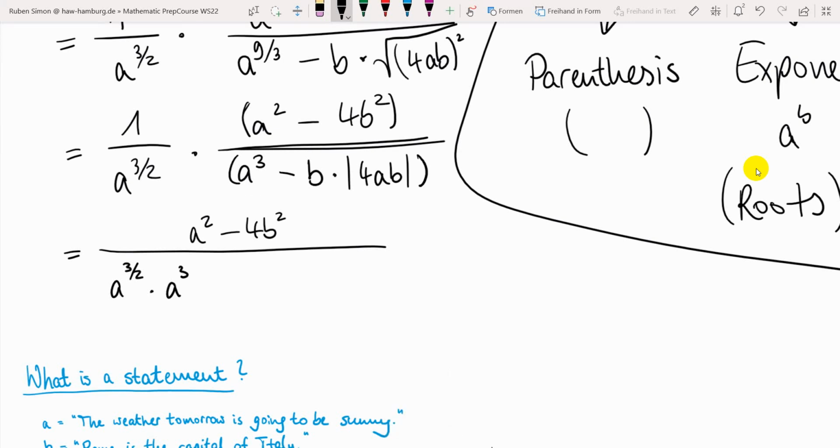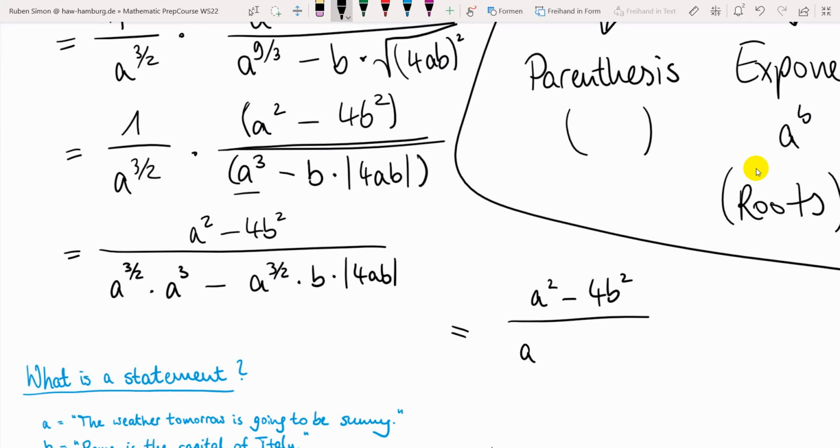So you have to multiply a to the power of 3/2 times a to the power of 3 and subtract a to the power of 3/2 times b times 4ab. Okay. You can, yes, that's what we can do. A squared minus 4b squared.